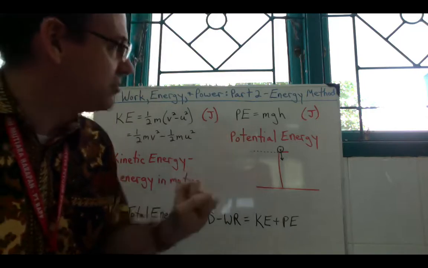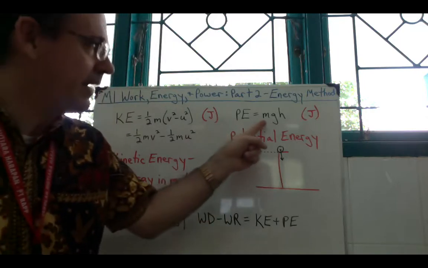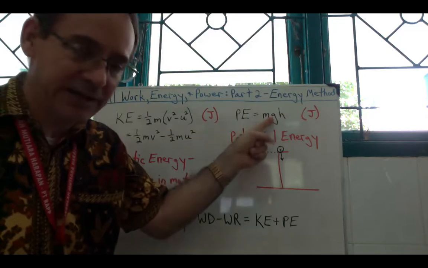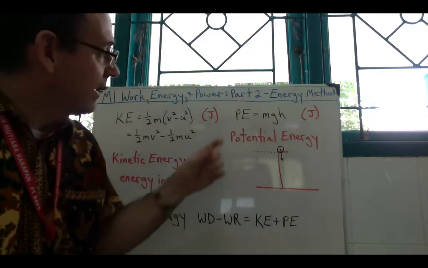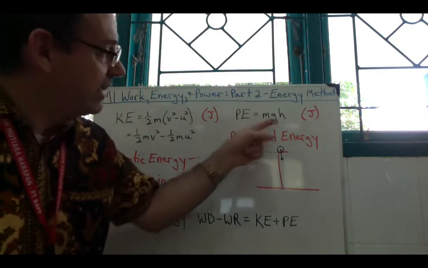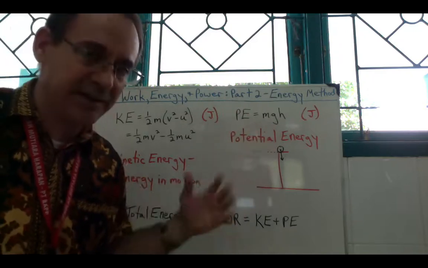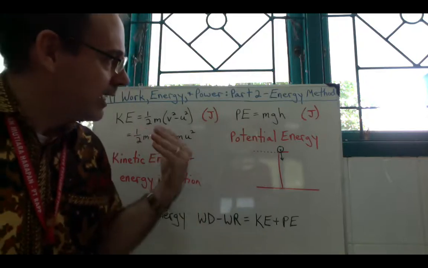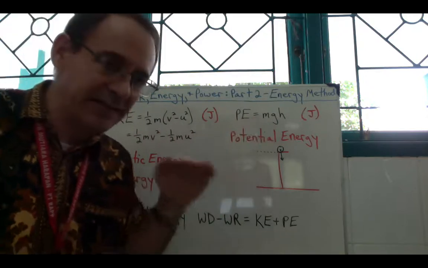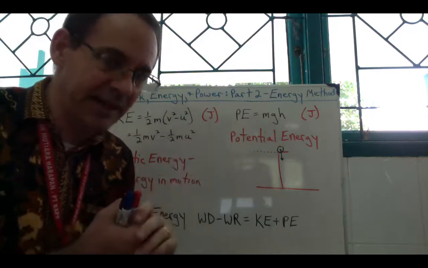So for potential energy, it's mass times gravity. Remember, we use 10 for the mechanics book for Cambridge, and times the height, that is how far above the ground you are. You can also use height in the sense of the change in height.